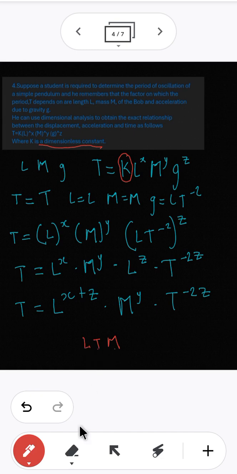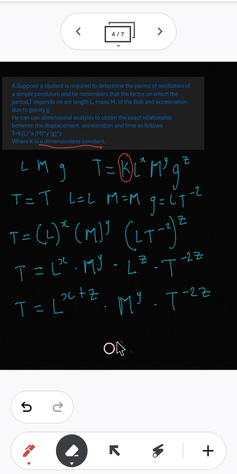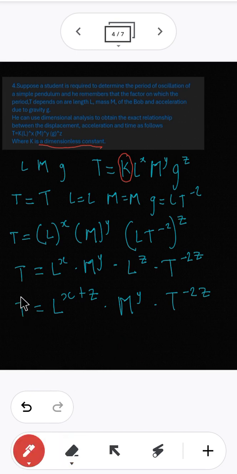Length, time, and mass. So in the third application of dimensional analysis, what you want to do is make sure that both the left hand side and the right hand side have L, M, and T. The right hand side has it, so we are done with the right hand side, but the left hand side does not have it.